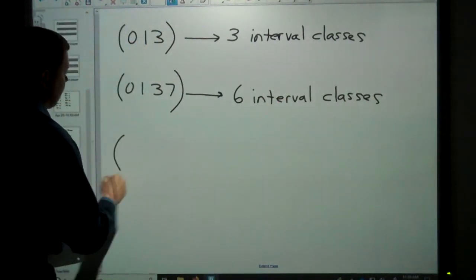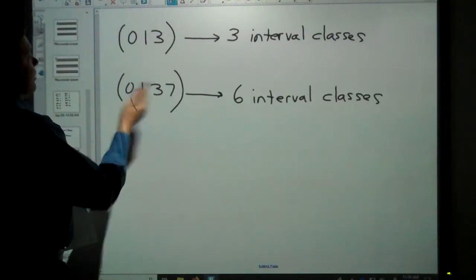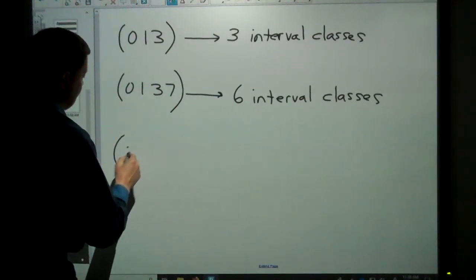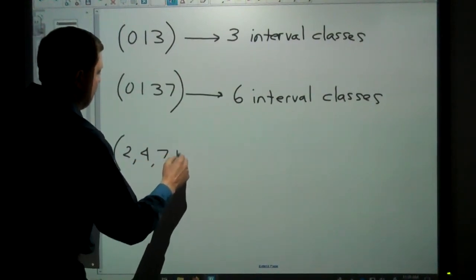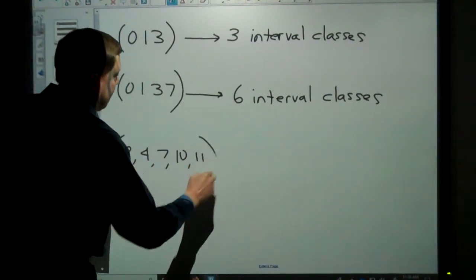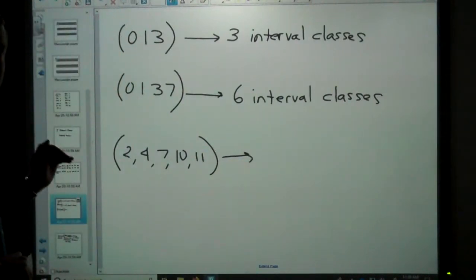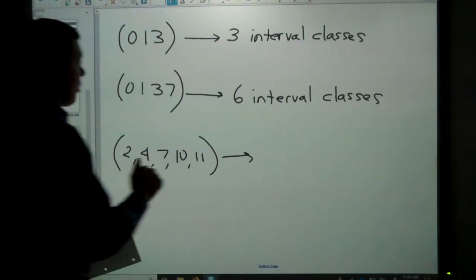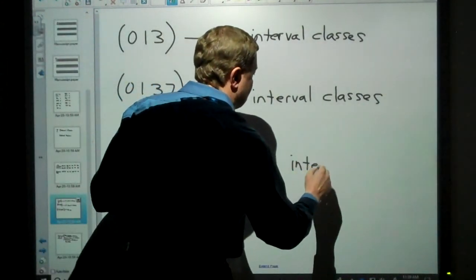A set with, and again, whatever the set may be, let's just use some unordered set rather than a prime form. Let's say this set is 2, 4, 7, 10, and 11. Any pitch class set with 5 members is going to contain a grand total of 10 interval classes.